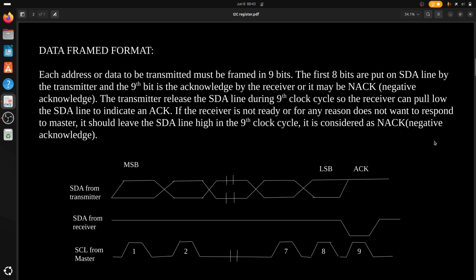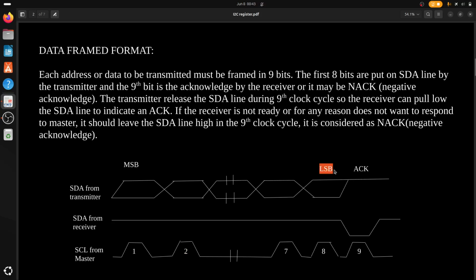So that's the process. The MSB is the highest bit of data and it is sent first, in the first clock cycle. Then the second highest bit is sent in the second clock cycle, and the corresponding bits are sent in clock cycles 3, 4, 5, 6, and 7.